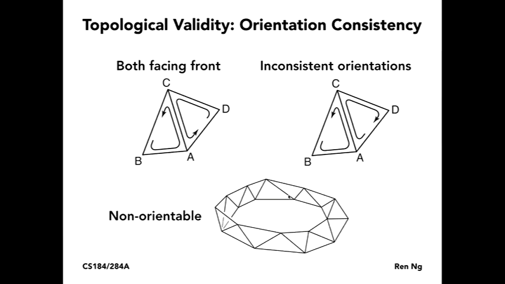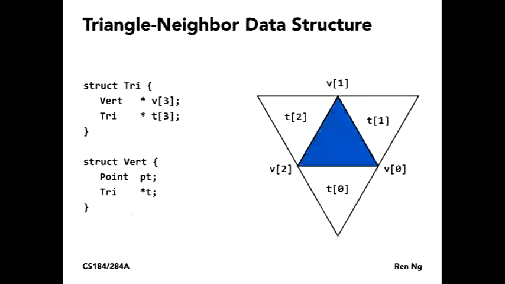One thing we're going to assume is that our surfaces are orientable, so you can make all the triangles and their winding order, which is going to be important, point in the same direction on the surface. There are inherently non-orientable surfaces, for example, like a Mobius strip, and we're not going to deal with that. Okay. Manifold, orientable.